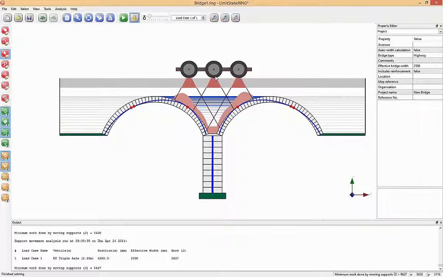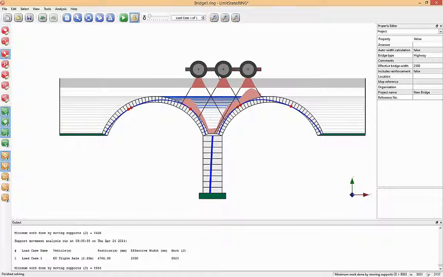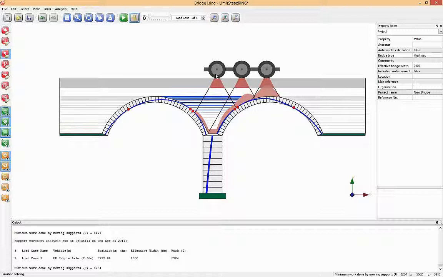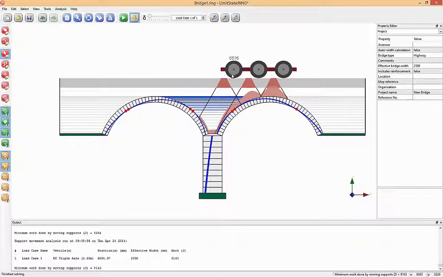So if you see reversal of hinges, in other words, joints likely to be opening and closing under the action of a vehicle, then it's quite likely the bridge will suffer incremental damage, and in due course will need repair or replacement. So it's an interesting way of getting a little bit more insight into how your structure is working.